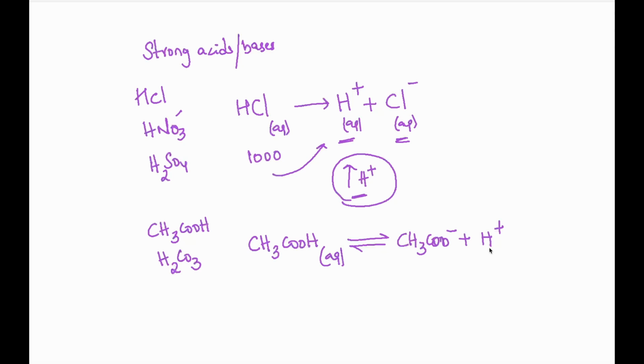Now it's important to note that for weak acids, the extent of dissociation is minimal. So if we were to take 1000 molecules of acetic acid, only a few number of molecules would have dissociated into the ionic form. And even if more molecules ionize, because the reaction is reversible, they are going to combine again to form the parent molecule, which is acetic acid.